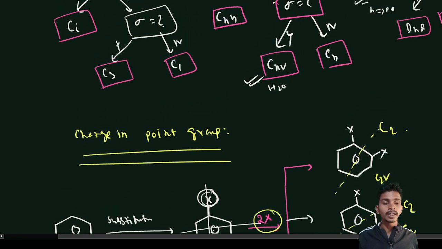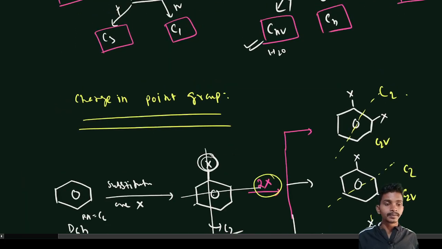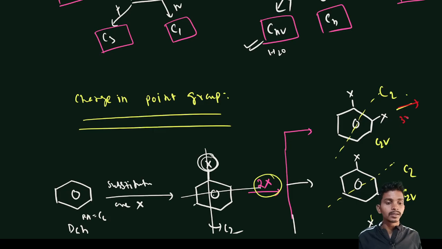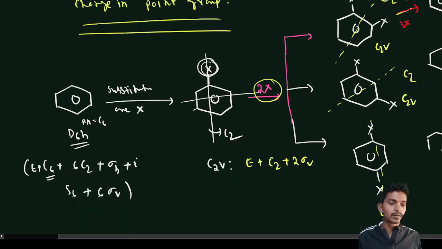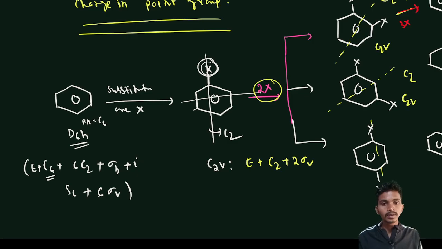Now if I replace with three halogens, then what will the group look like?